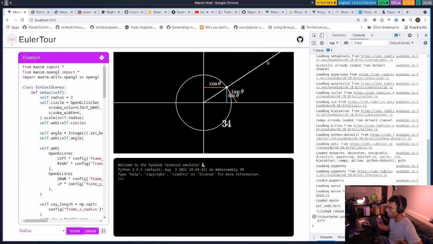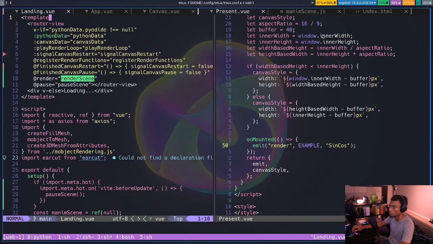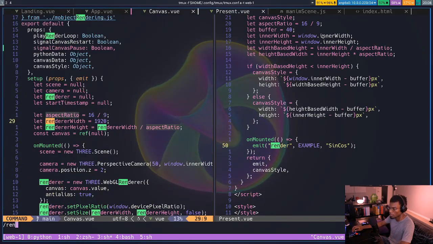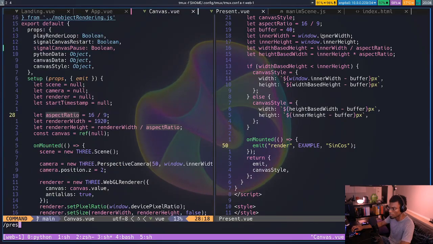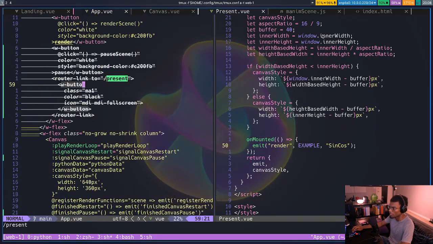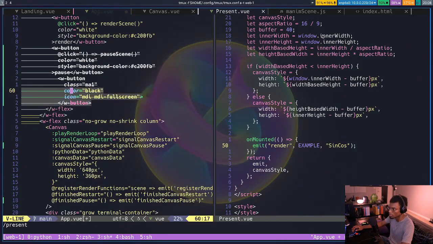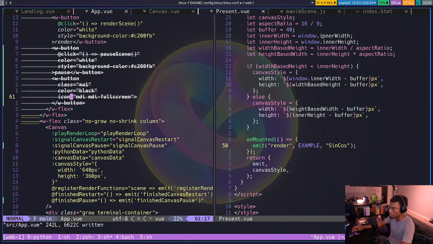Okay, so that works. So this present, I could take out the router link. Instead, programmatically, like @click equals something.